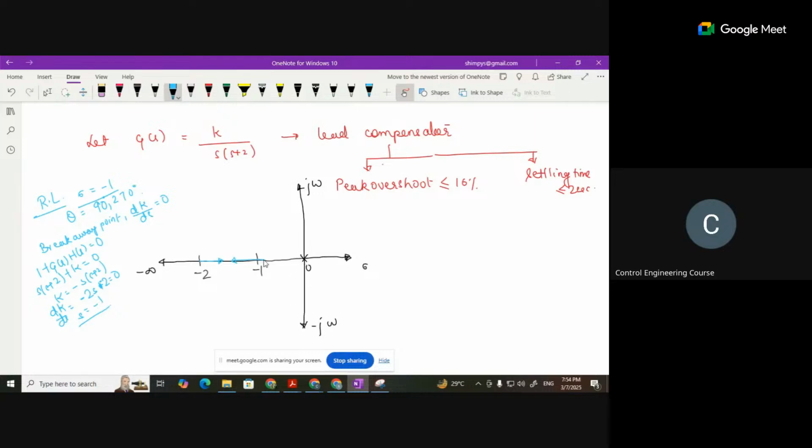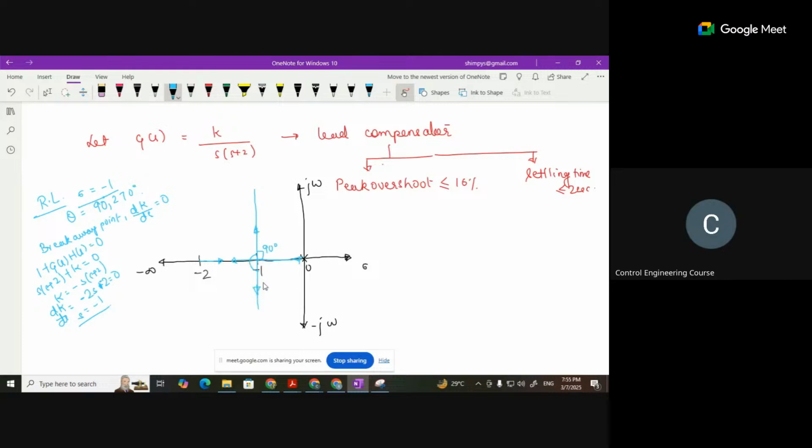It is here, right? So -1. If I draw the angle of asymptote, 90 degree, the breakaway point is also here, and this is 270 degree.